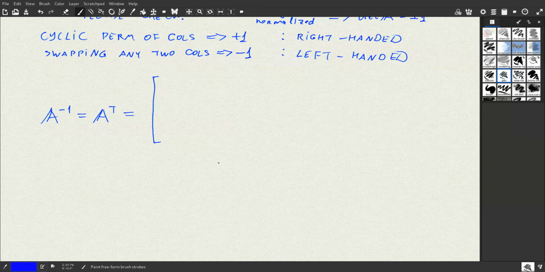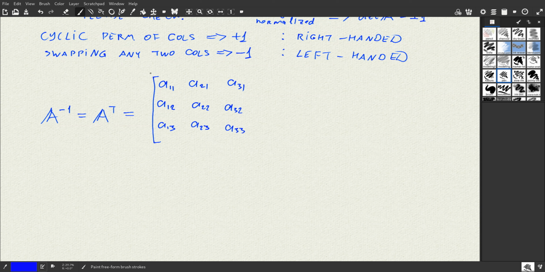Rows swapped with columns. Therefore, A11 remains, but then we have A12 in the first column, A13 in the first column, right? A21, A22, A23, yes, and A31, A32, A33.